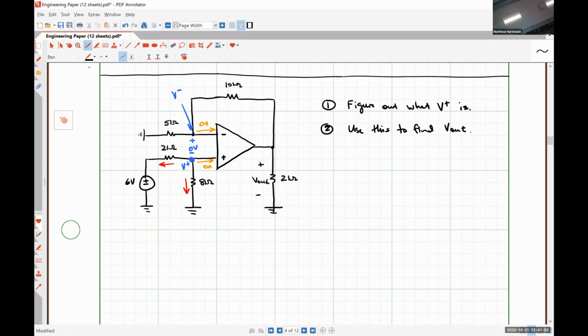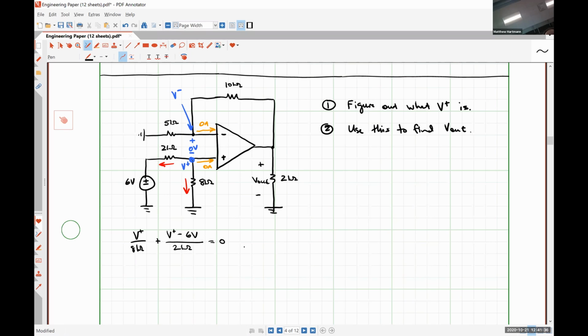So what that gentleman suggested was that V plus divided by 8 kiloohms plus V plus minus 6 volts over 2 kiloohms is equal to 0 by applying Kirchhoff's current law at the non-inverting input terminal.